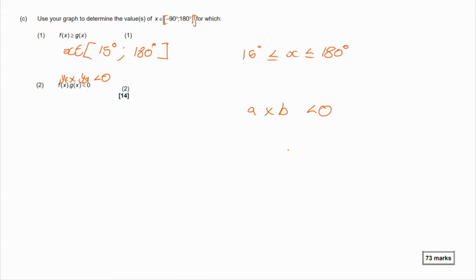How do you get a negative number? One has to be negative and one has to be positive. If they're both positive, you'll end up positive, and if they're both negative, negative times negative gives us positive. So we need one above the x-axis and one below the x-axis.